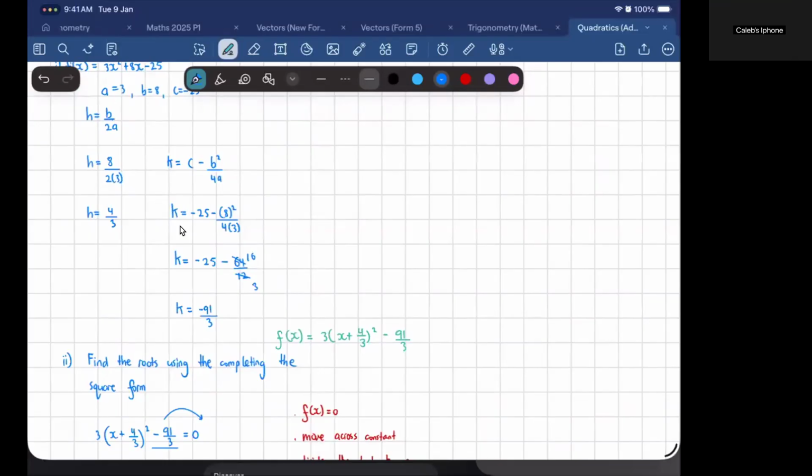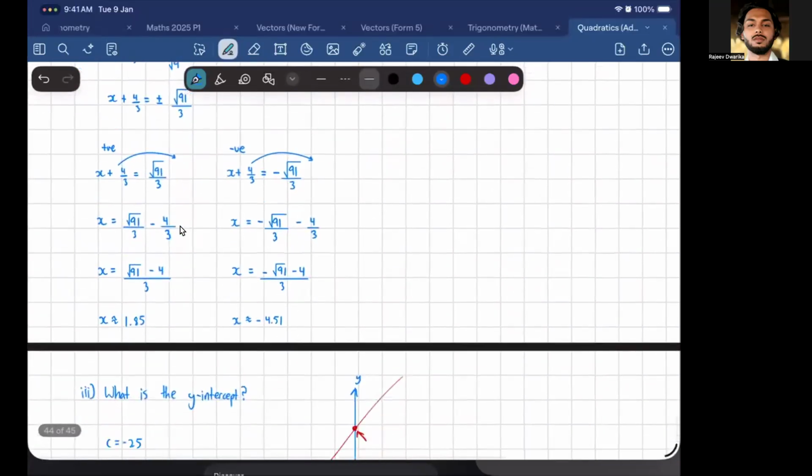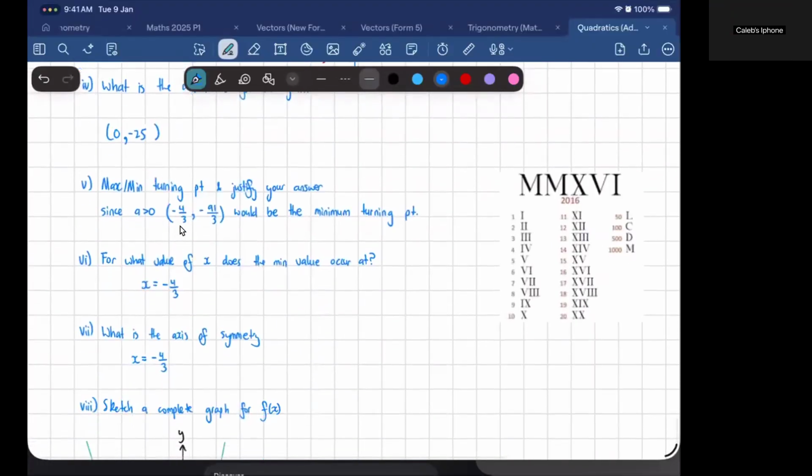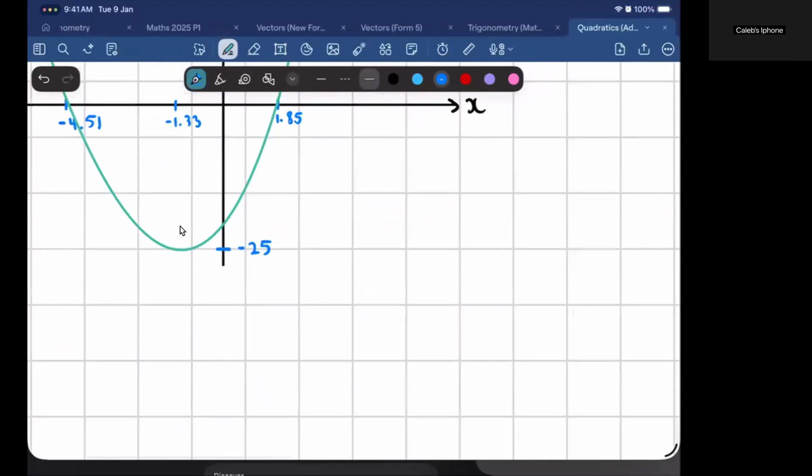Because remember, Caleb, the minimum point would be minus h, comma k. So the x value for the minimum turning point would be -4/3, and the y value for the minimum turning point would be -91/3. Remember, Caleb, k would be the minimum value. Yes, that is a mix of the value and the point. Careful about that. So this is -91/3. That's the lowest the graph would go. That's the minimum value, right?